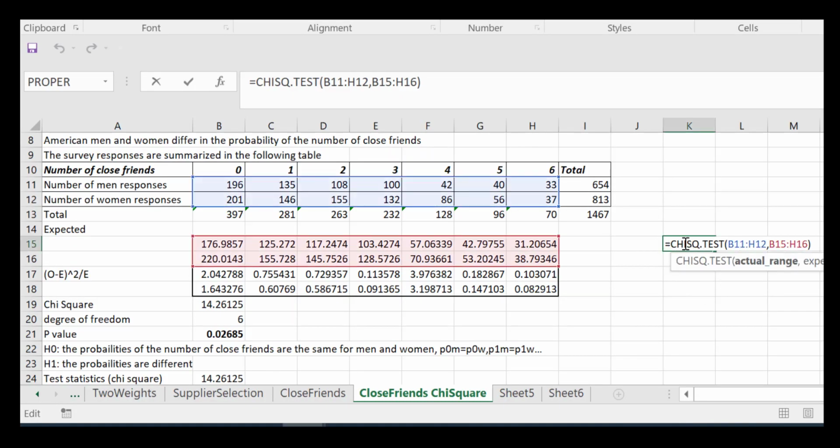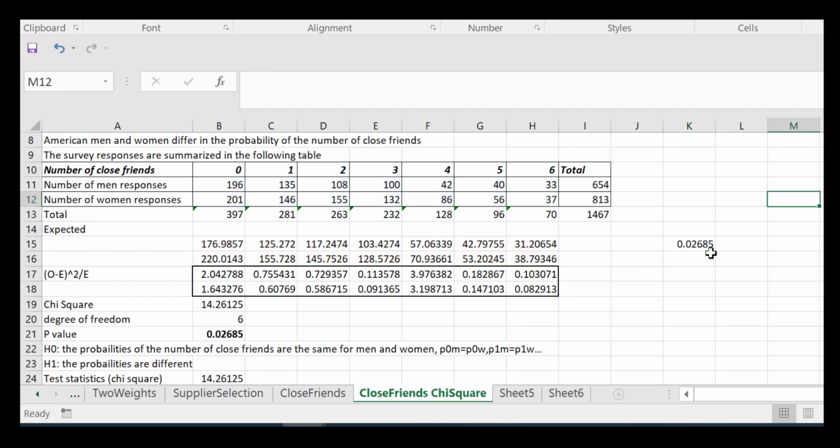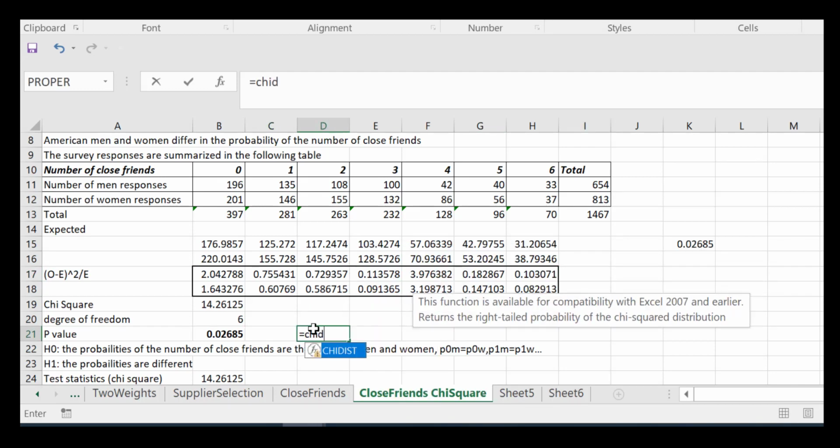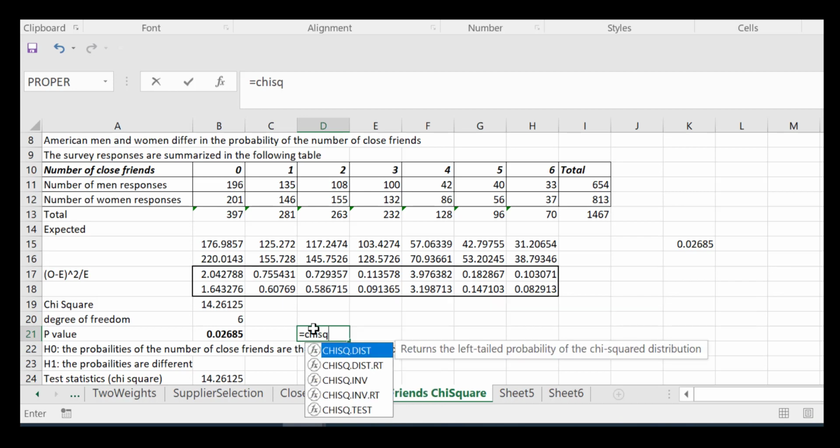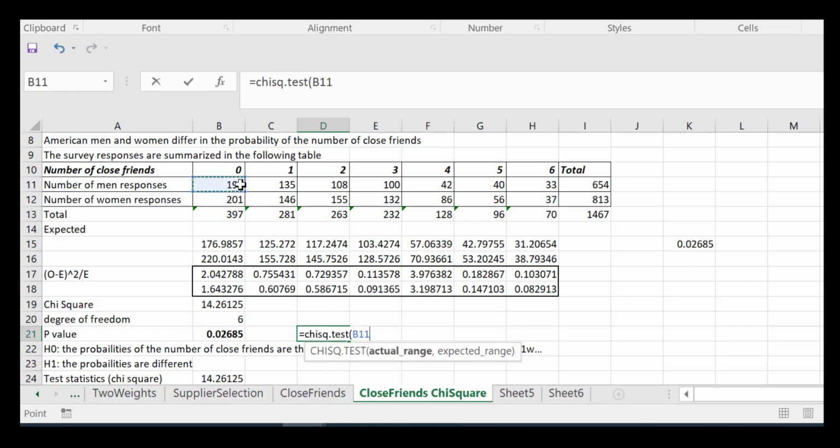In Excel, there's a function called the chi-square test function, which can solve the problem directly to find the p-value. You use equals CHISQ.TEST, with the sampling data and also the expected values.